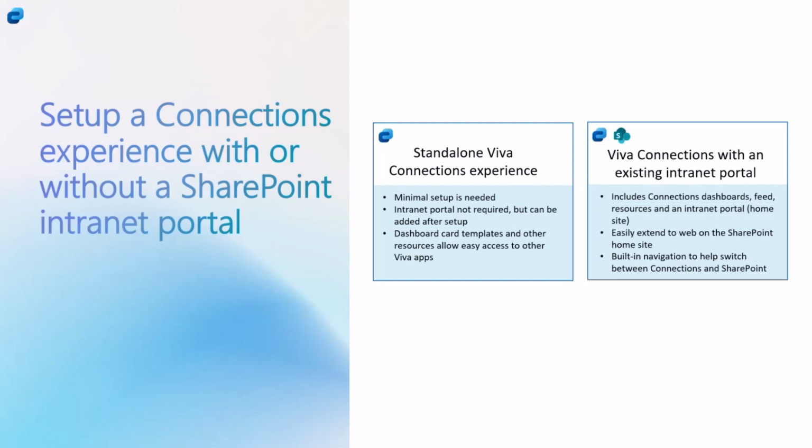And along with that, let's say you also have some information workers who want to access the site and all the rich content from the site as well. On the web, you can select the second option, and that will give them access to the site, the content on the site, as well as the Connections dashboard on desktop and mobile. So there is flexibility and there are options available for all those different kinds of scenarios.